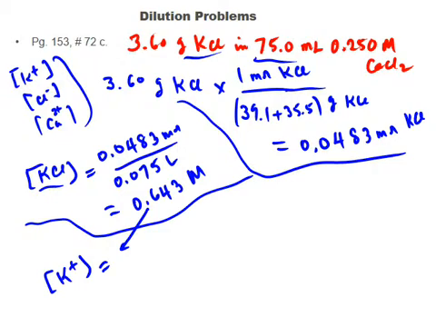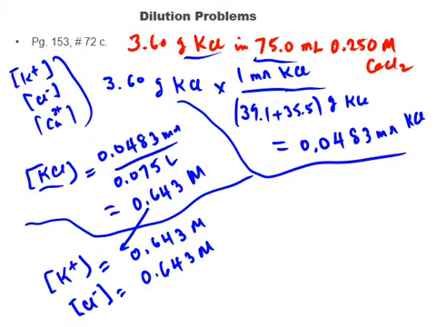So 0.643 molar would be the concentration of K plus. Now Cl minus coming from KCl would be the same amount, 0.643 molar, for the same reason.